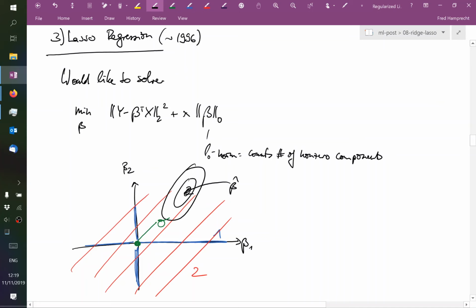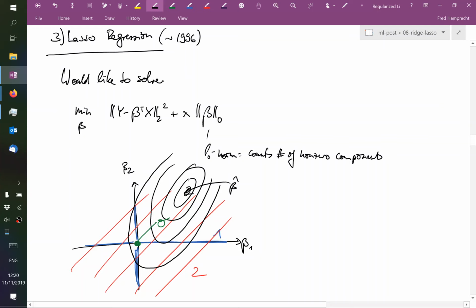And now as we go away from this optimal parameter estimate, our sum of squares increases. But you see, this is now not so trivial to evaluate under the L0 norm. So essentially, I would have to, these are meant to be ellipsoids here.